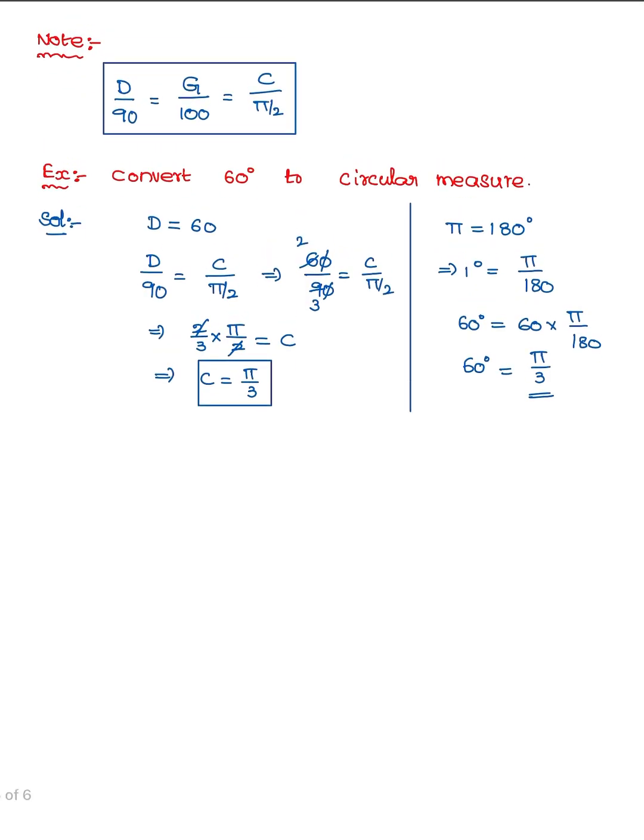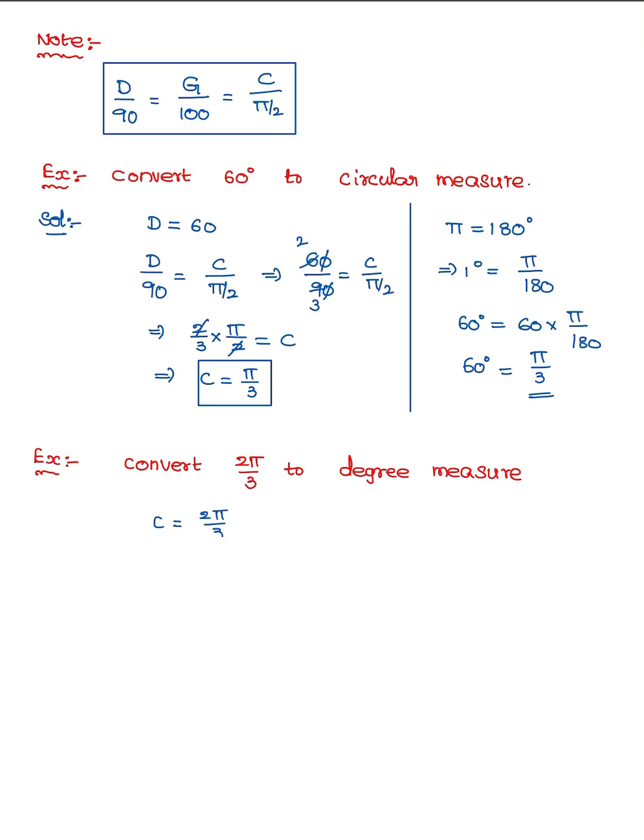Okay, next one more example. Second one, circular to degree measure. Convert 2 pi by 3 to degree measure. Again, the same formula we can use. Here the C value is given, C is equal to 2 pi by 3. That means circular measure is given.